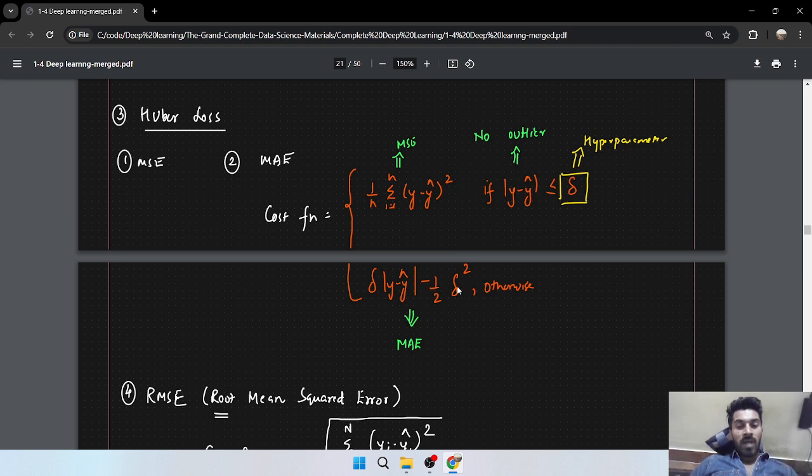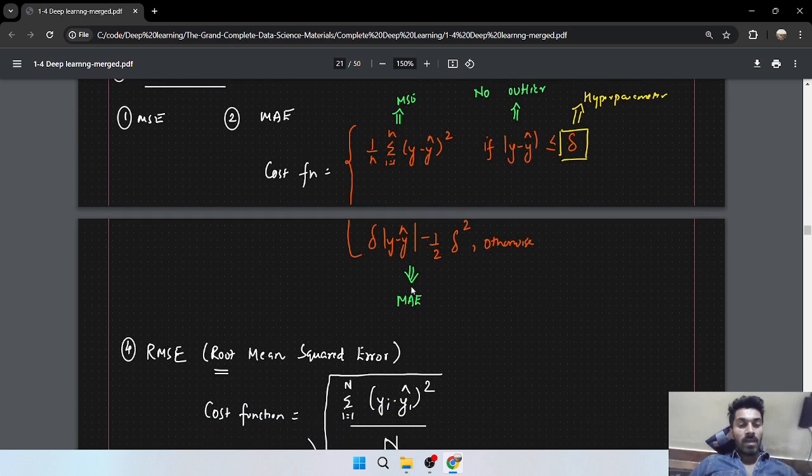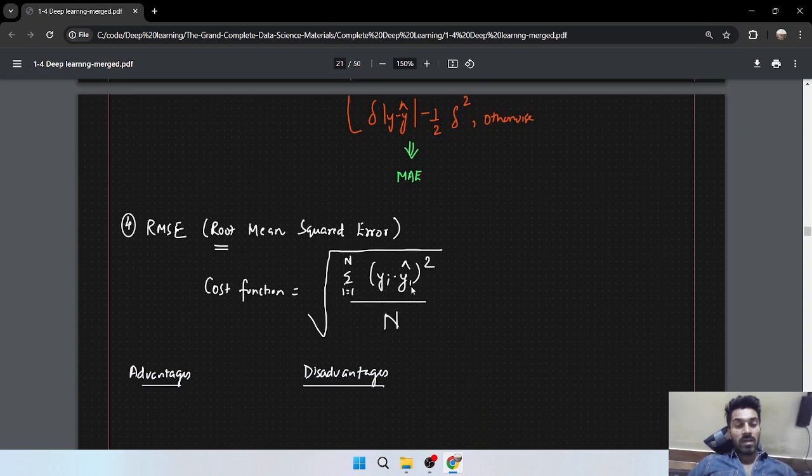If delta we can take it as 2, or suppose 3, then 3 squared is 9. It will come out something like that, but it is MAE, mean absolute error, otherwise. So it is a combination of both, no outlier.